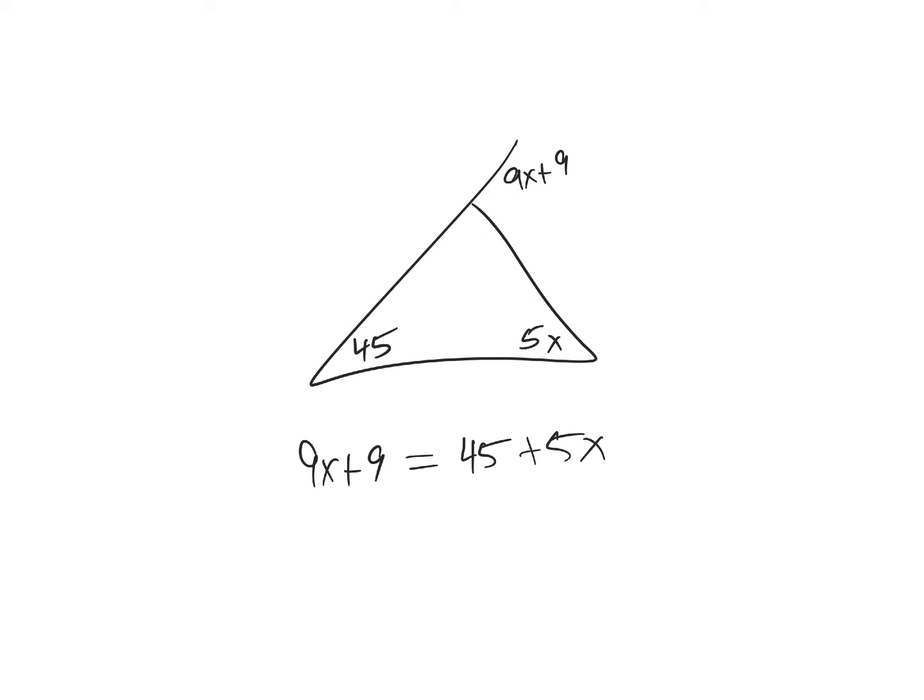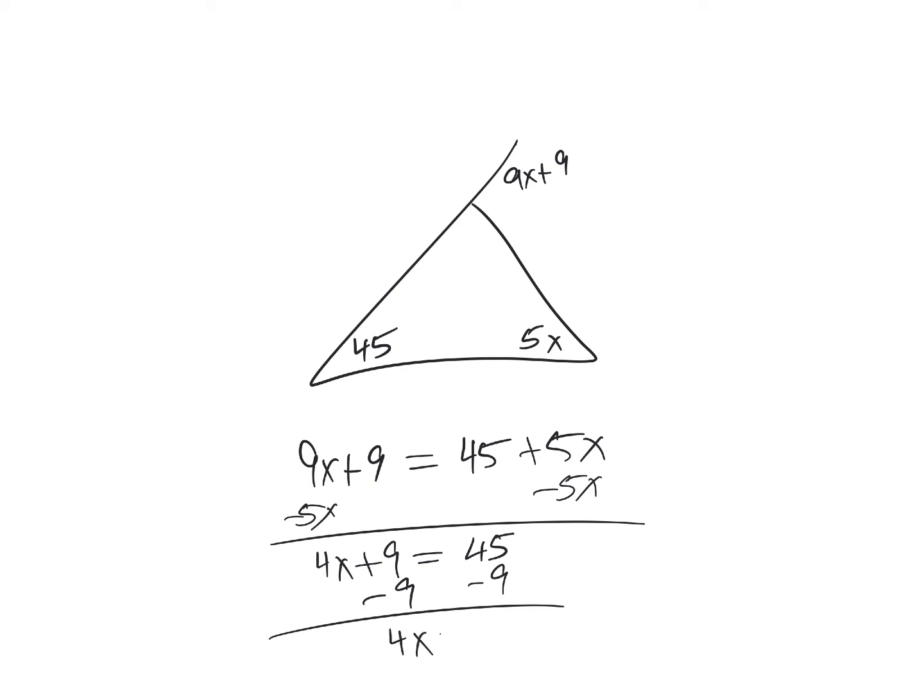So now it's an algebra 1 problem. Subtract your 5x. Subtract 9. What's 45 minus 9, Cooper? 36. Thank you. Divide off the 4. X is 9.